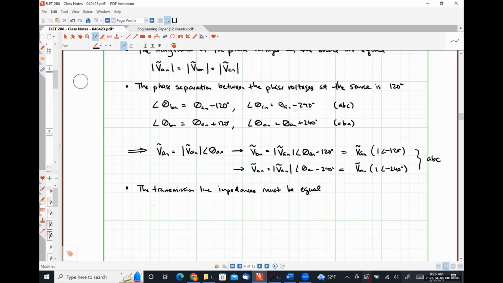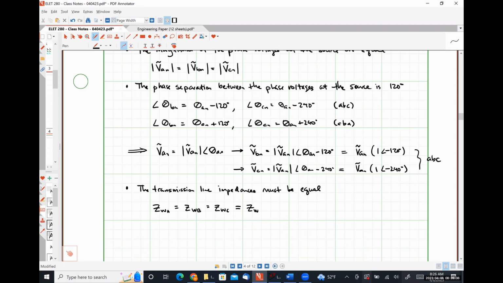So that means ZWA must be the same as ZWB, must be the same as ZWC. So when we have a balanced system, we'll probably just use a shorthand notation of ZW because all of them are supposed to be the same thing in a balanced system. So we no longer need to differentiate the A phase, the B phase, and the C phase because they're all the same thing. Okay.